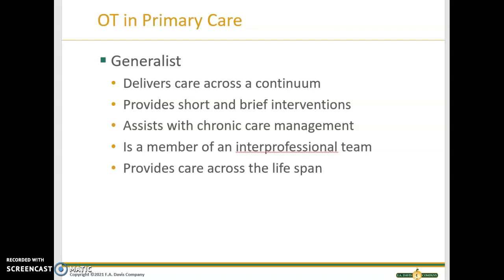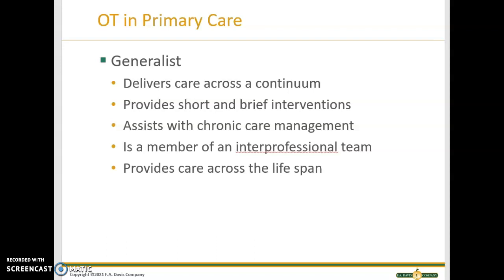So, as we explore OT in primary care, the occupational therapist in this setting definitely needs to practice as a generalist. They would provide services across the continuum. This includes all age groups, all varied diagnoses. Typically, it provides a short and brief intervention method.